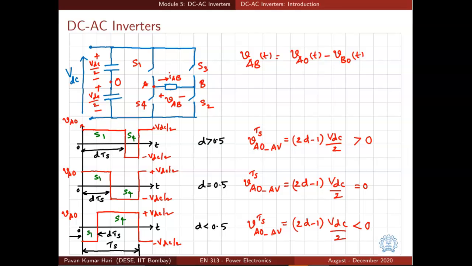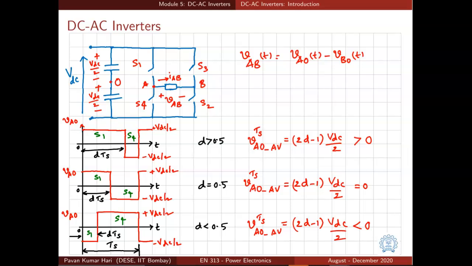So VAO is equal to VDC by 2 for a duration of dTs, and minus VDC by 2 for a duration of (1 minus d) times Ts. Let us look at the average value of VAO over this interval Ts. VAO average over Ts is equal to (2d minus 1) VDC by 2. It's a straightforward derivation.